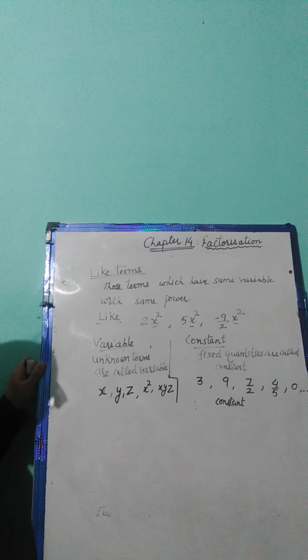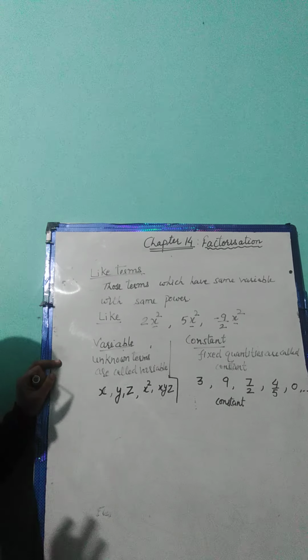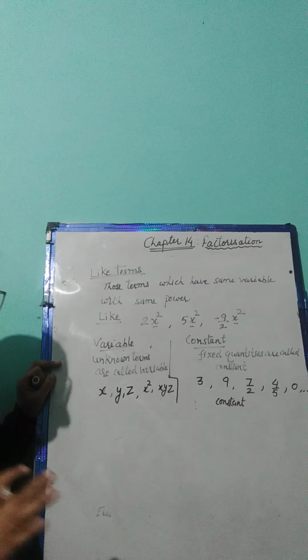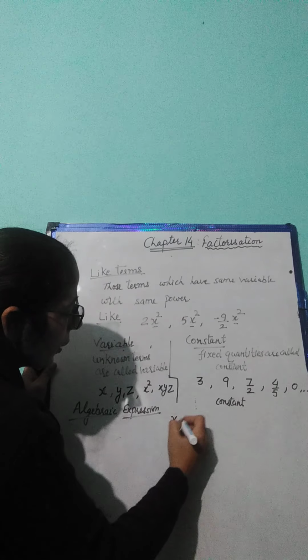Okay? So this is clear to all of you. This is very important. So finally, what is an algebraic expression? Whenever we do some basic operations with unknown terms, with some variables, then we call it an algebraic expression.